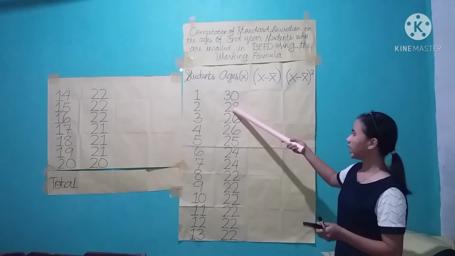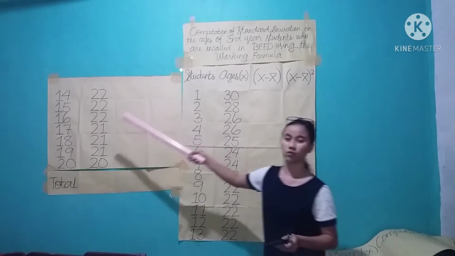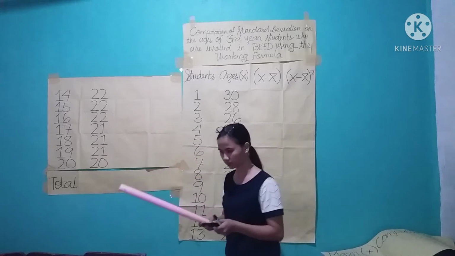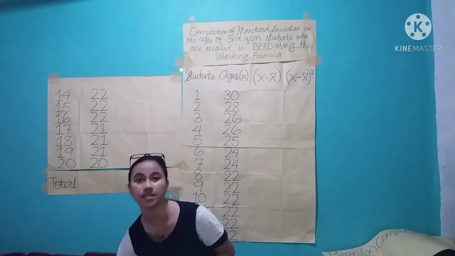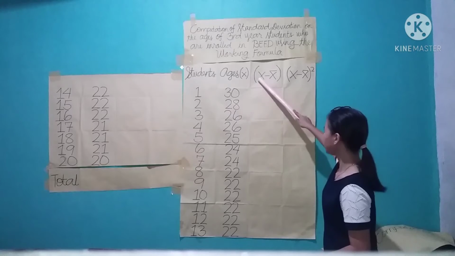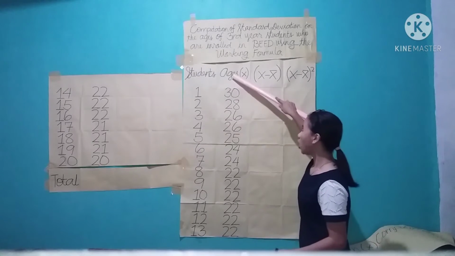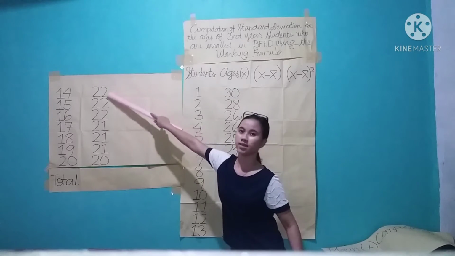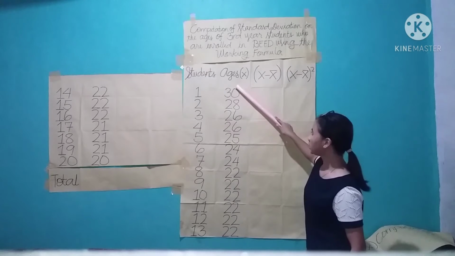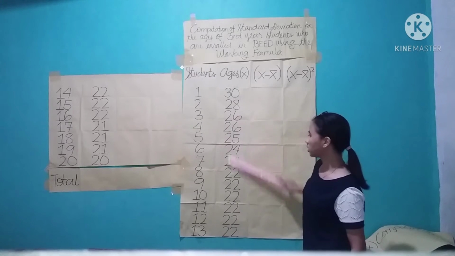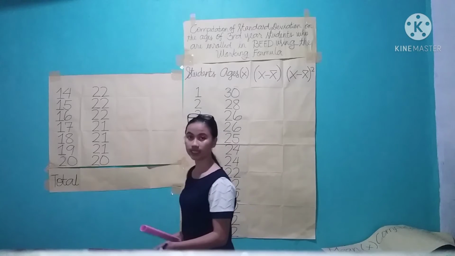Let us first add all the ages of the respondents. The total of the ages is 464.